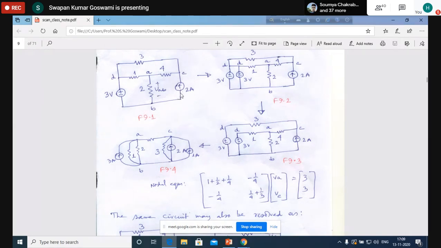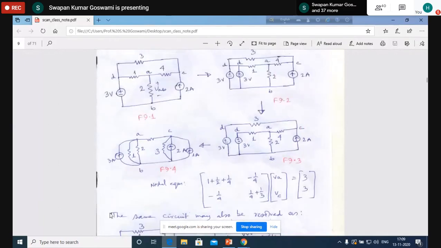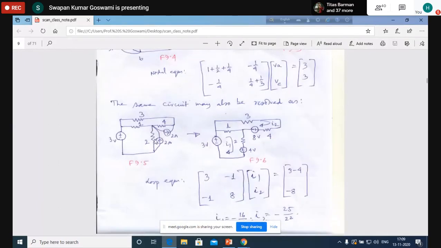We can show that as if these 2 ampere source is first connected from B entering into node A, and then it is leaving node A entering into C. So if we draw this in this way, effectively the current at the nodes remains unchanged. So that has been done here. It is from here B to A, and then A to C. At node A, there was no current source connected.